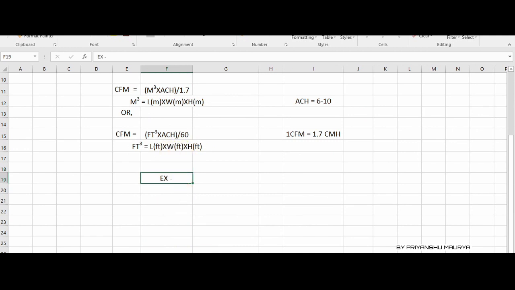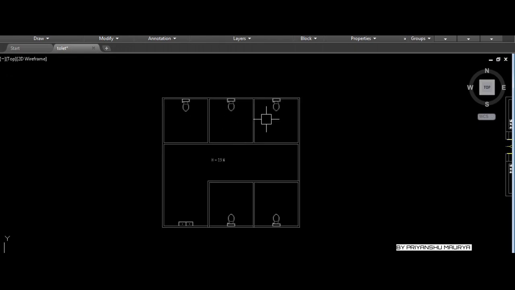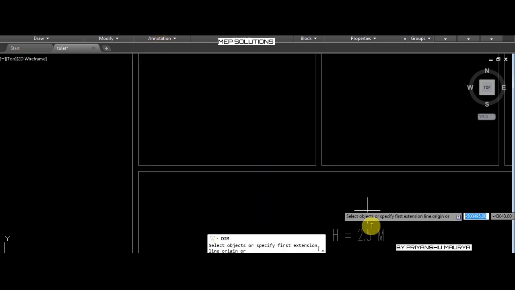Now let's consider one example. Here I have 1, 2, 3, 4, 5 toilets and one wash basin area. So this total is considered as the passage area, and we have 5 toilets. Let's see what is the toilet size. See, height is given 2.5 meter, you can see here.